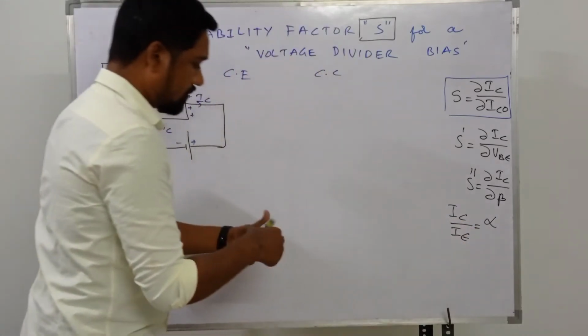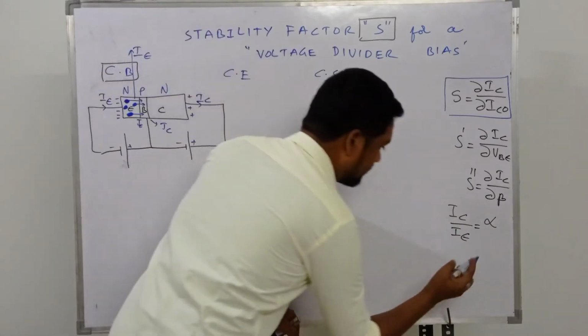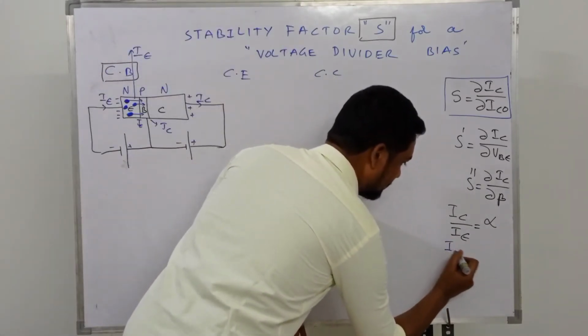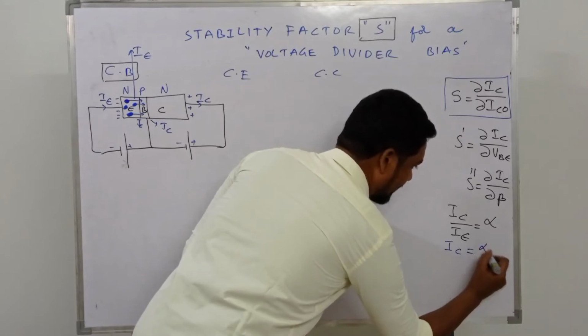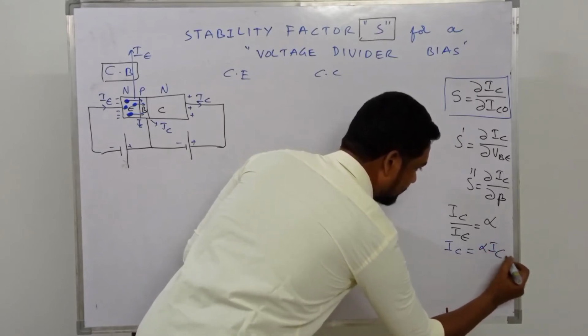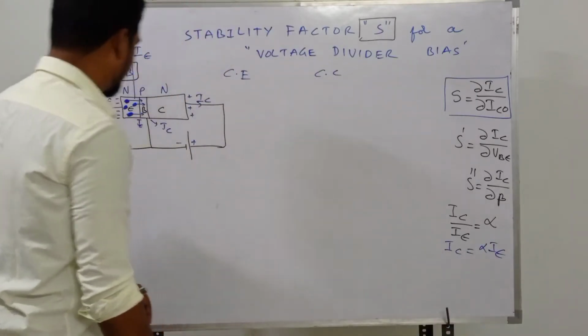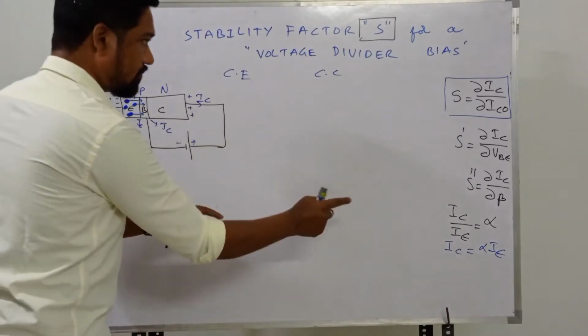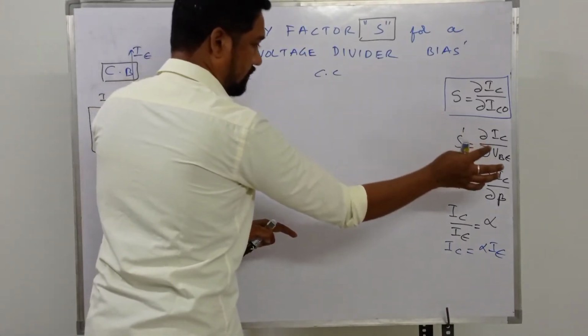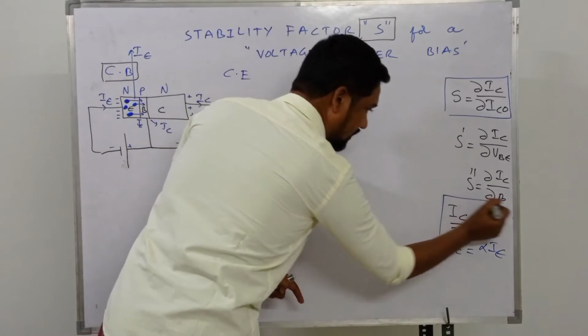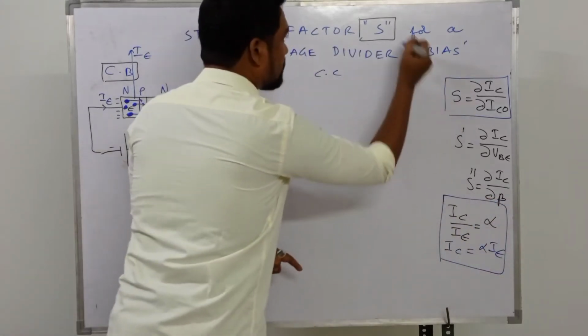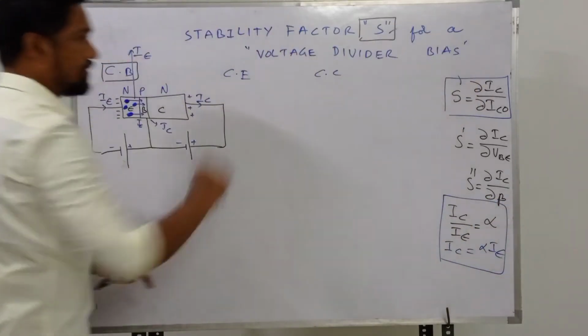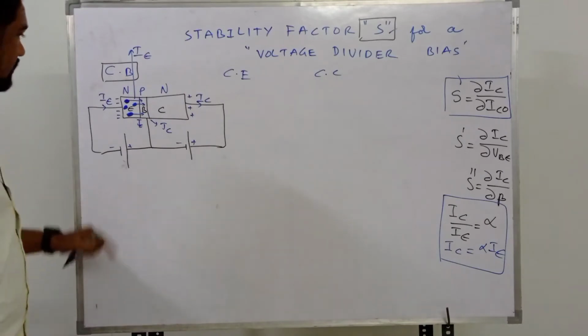At times we may need to plug in the value IC equals alpha times IE. Remember that one. It's very important, as we will need it to derive the expression for the stability factor, making use of that ratio.